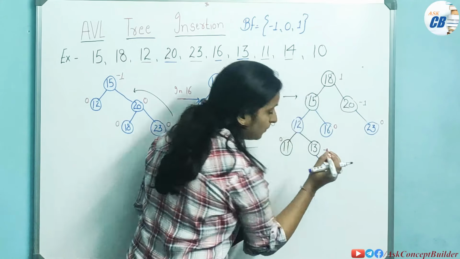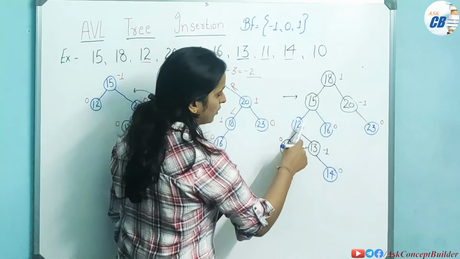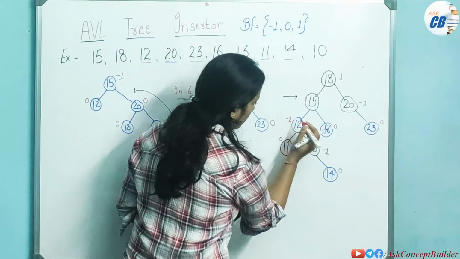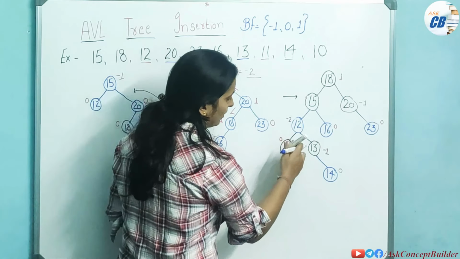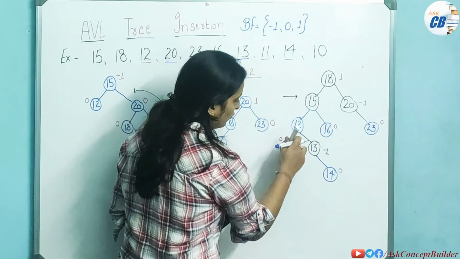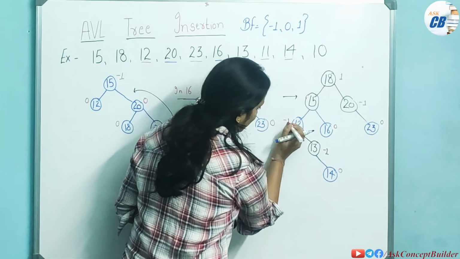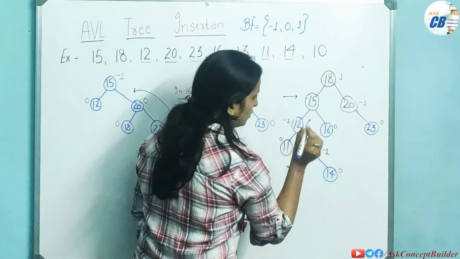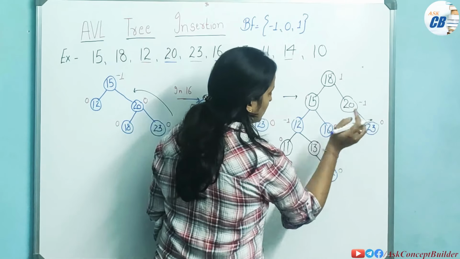Now for this will be 0 minus 2 is minus 2. For this one node, 1 minus 2 is minus 1. Now this is a leaf node, so it is 0. This is also 0.